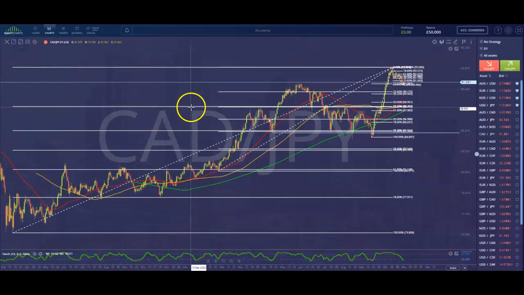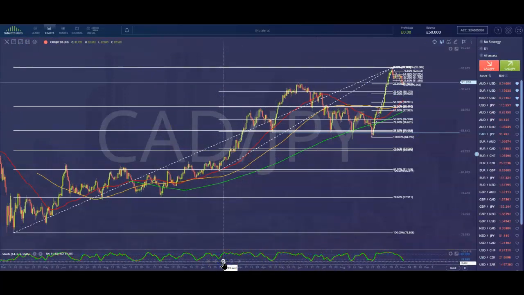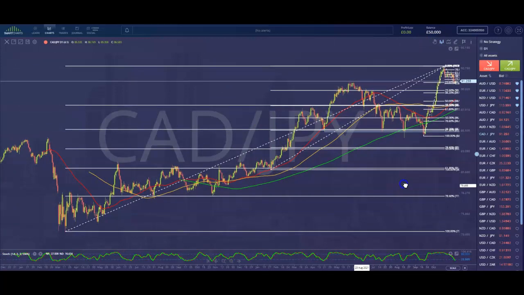On the daily chart, I do like to put all my Fibonacci levels in as well. So for example, there we go. Let me grab that, just move it along a bit. I've taken the full swing low in this case all the way from the 13th of March of last year, capture that whole move up and then broken down my fib levels from there.